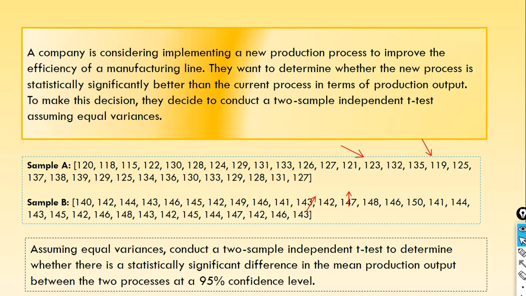So what they did is they used two different sets of population data: before introducing the new process and after introducing the new process. Or, for example, training. Let's say you are running a manufacturing unit and you bought the machines, and somehow you train your people and ask them to do the work.